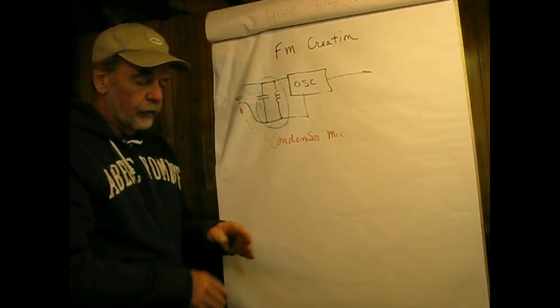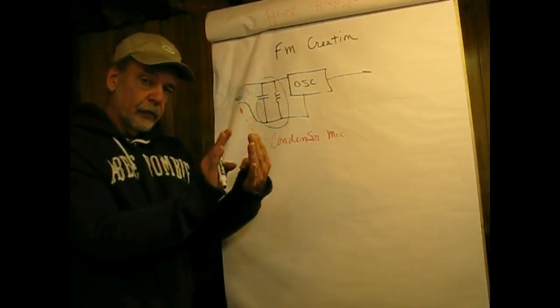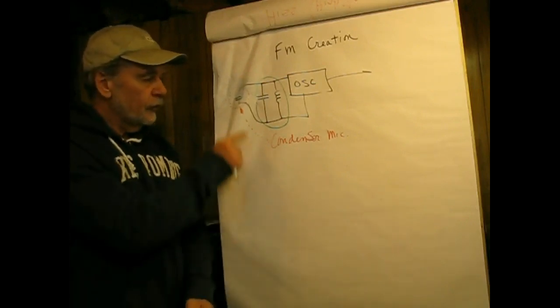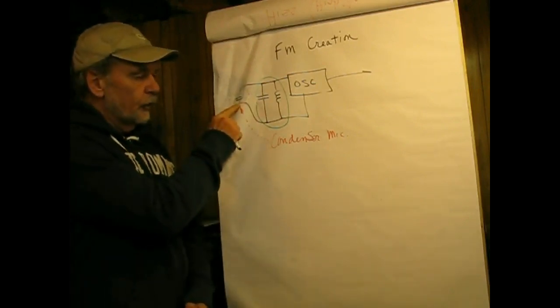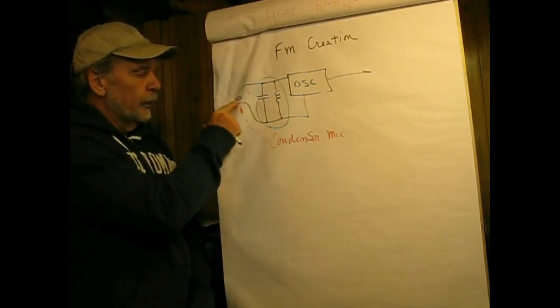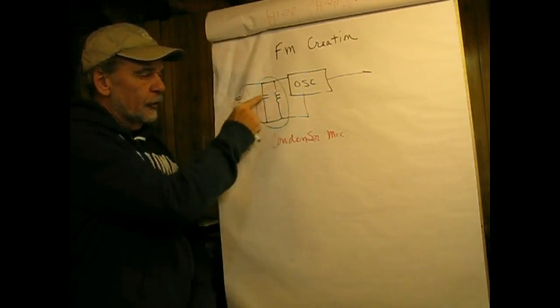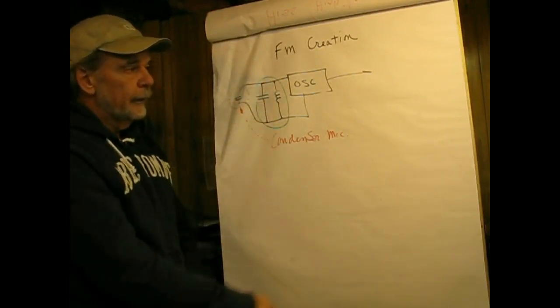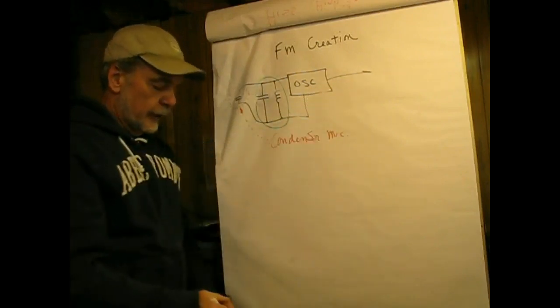The way it works is that there are two diaphragms, and when speech strikes one, it vibrates in accord with the air pressure waves and changes the capacity. You can see this plate moves back and forth. It's going to increase and decrease in capacity, which is going to vary the resonant frequency of the tuned circuit and then produce a frequency modulated output.